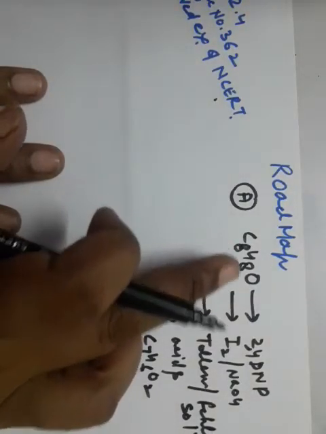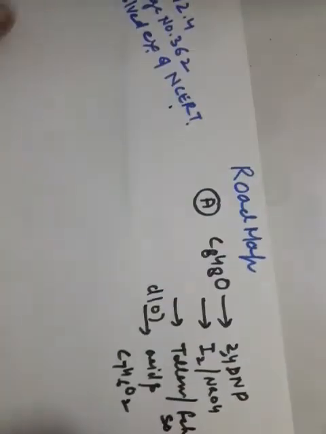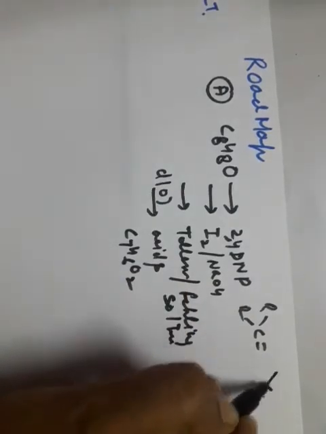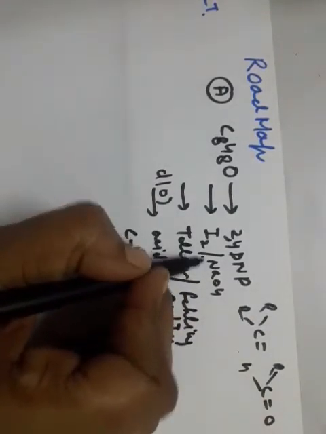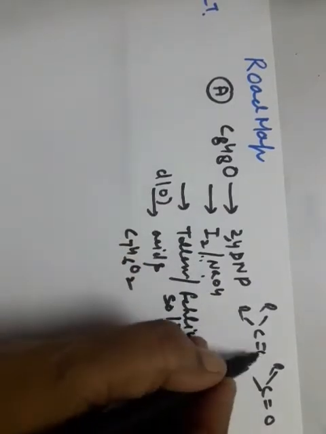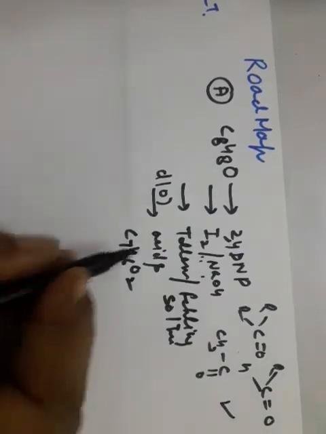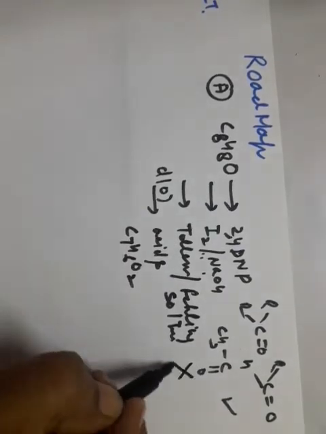It's a benzene, and having the 2,4-DNP test means it will have either a ketonic group or an aldehyde group. But if it gives the iodoform test, it will be a methyl ketonic group. That is confirmed. And the Tollens reagent test is not given, which means it is not an aldehyde.